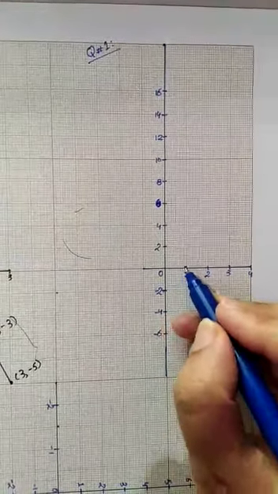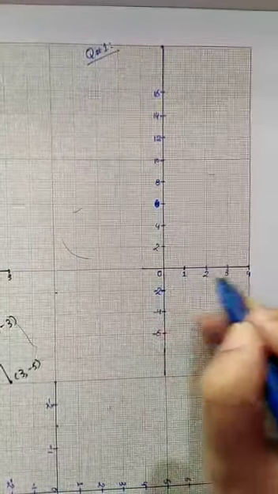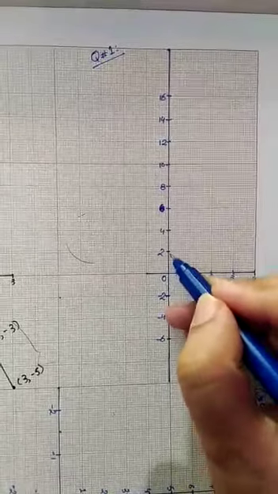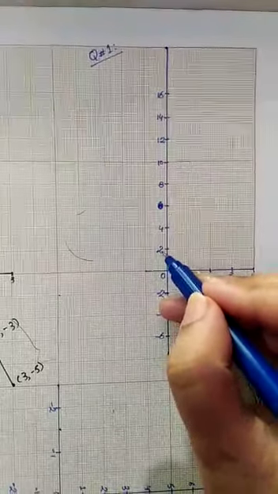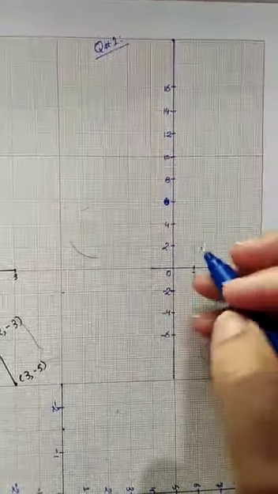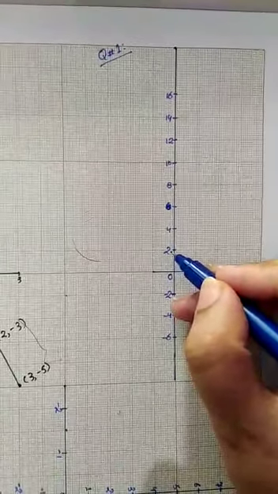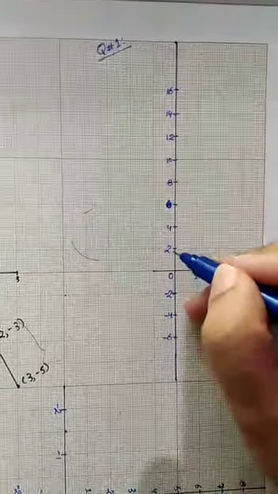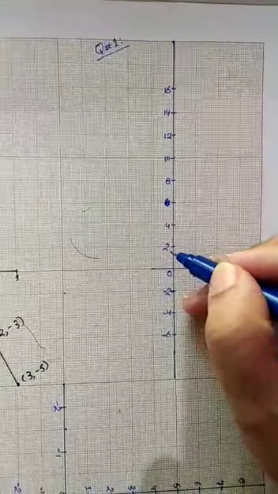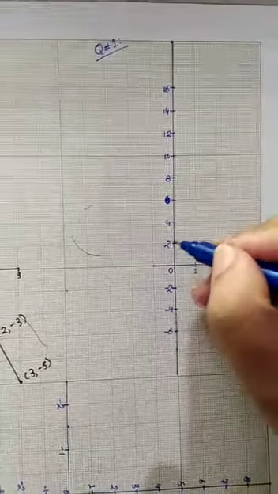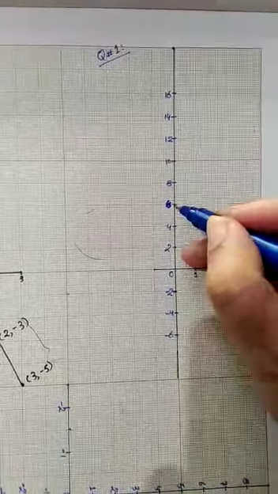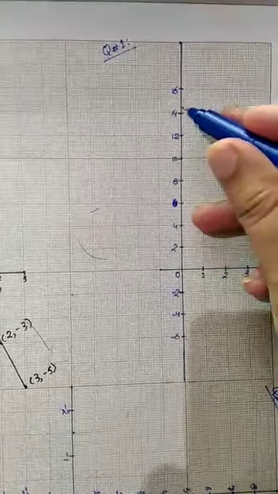So 1 centimeter to 1 unit on the x-axis and 1 centimeter to 2 units on the y-axis. Okay, now here is the difference that we are giving 1 centimeter to 2 units. Okay, as you can see the unit starts from 2 because it is given in the statement. So 2, 4, 6, 8, 10, 12, 14, 16.